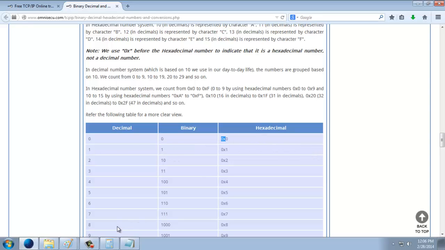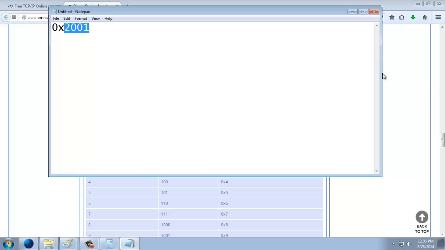Similarly, binary is another way to represent numbers, but in binary we have only two characters, 0 and 1. We have to represent the entire number system by using these two characters.